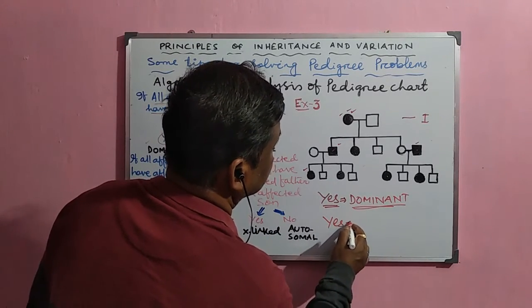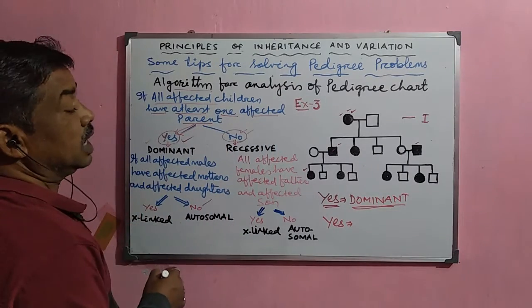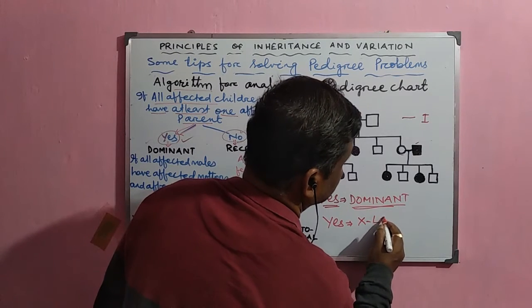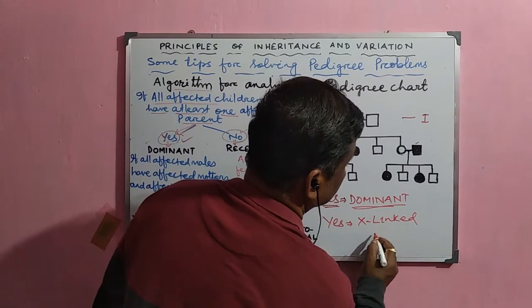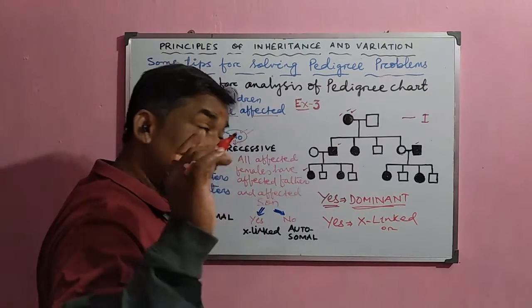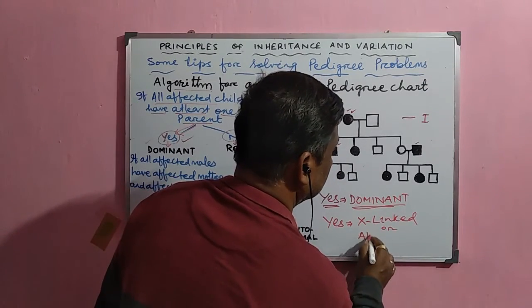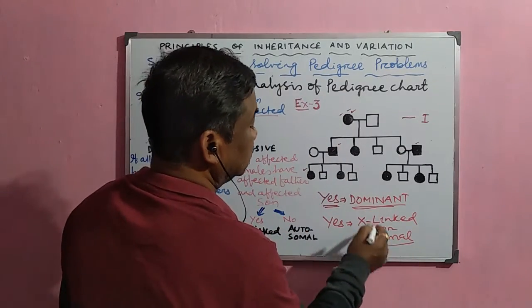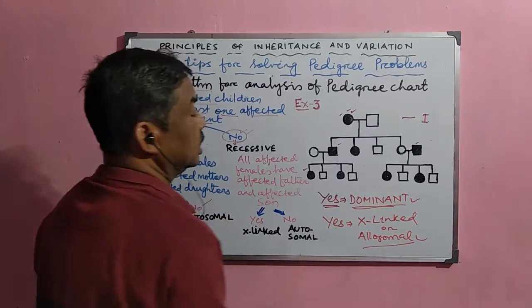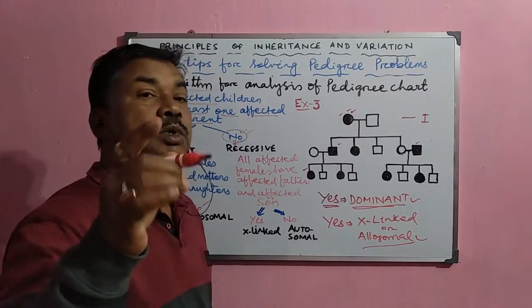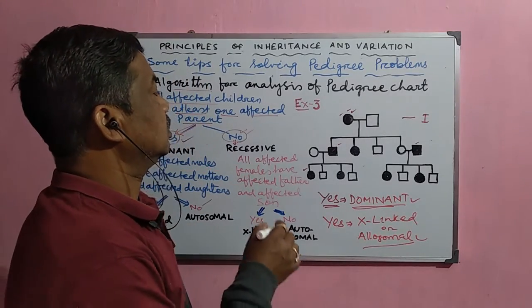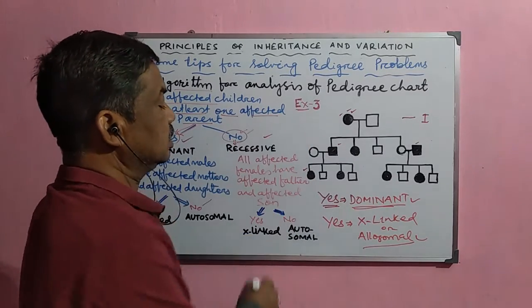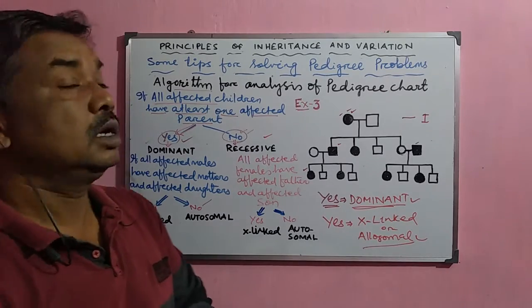And if it is yes, that means it is a case of X-linked or allosomal disorder. So this is an allosomal dominant, or X-linked dominant disorder, which commonly occurs. And according to this pedigree analysis, we can conclude that it is an allosomal dominant case.